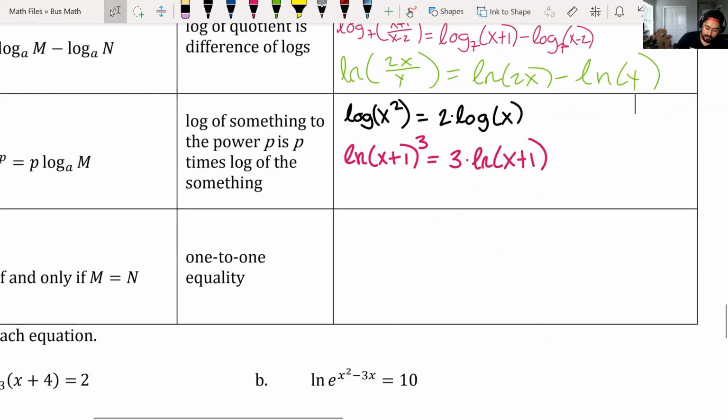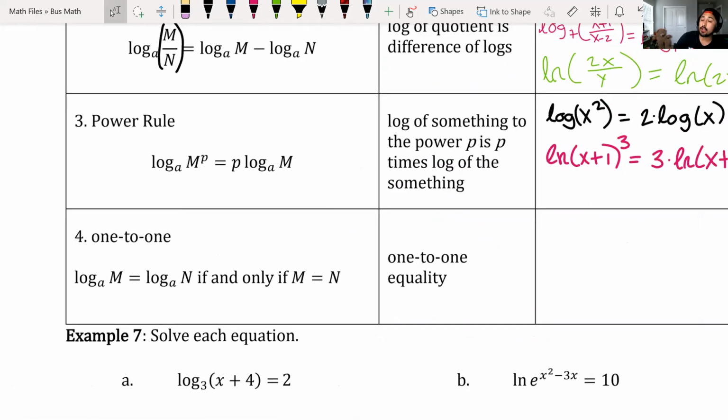Okay. The last rule is the equality property for logs. This one says, if on one side of the equation you have log base a of m, and on the other side of the equation you have log base a of n, then if the log bases are the same, you can set the inside of the logs equal to each other.